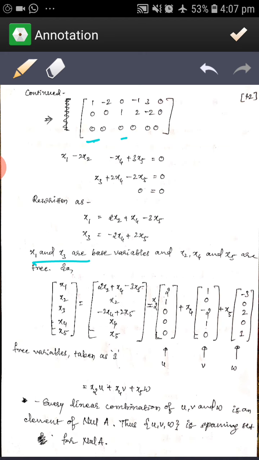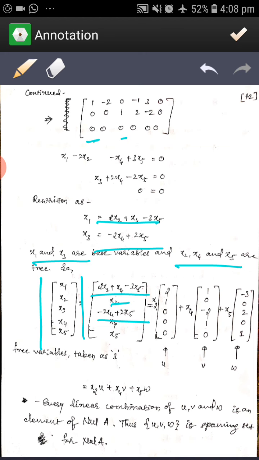Because of that, there are 5 variables x1 to x5. Wherever x1 and x3 are there, we write the same equation. For the others, we just mention x2, x4, x5. We can take those as 1, and the others we take as 0.